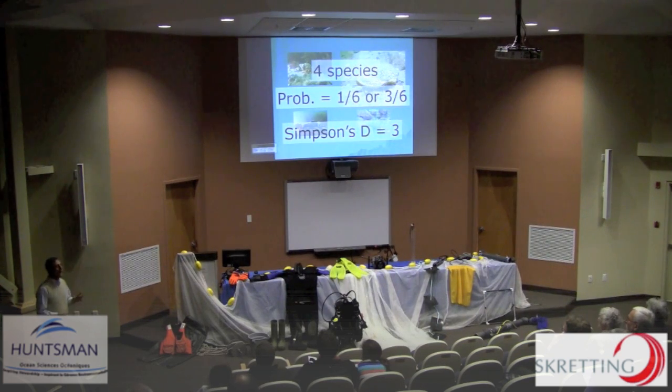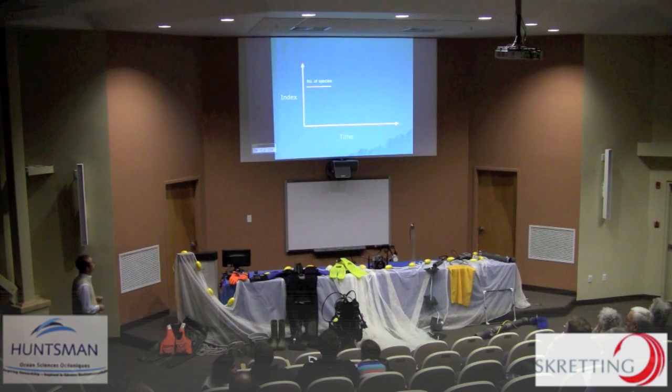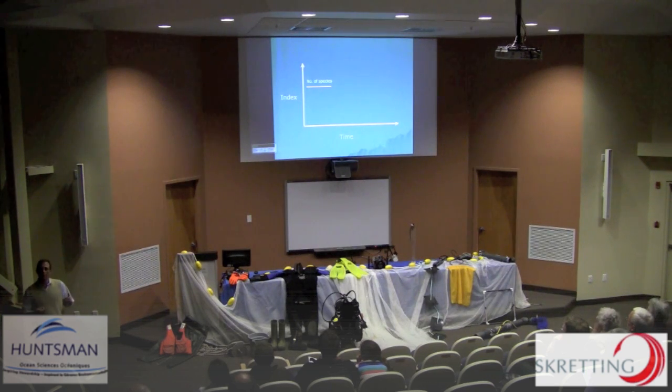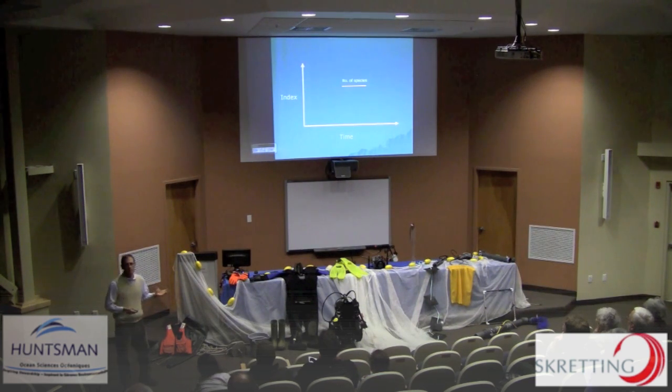Okay, so that's a little bit how you go about measuring and describing diversity. And then how would I use that? It's important to have indices like this so we can monitor how things change over time. So this is just a simple graph of some index number over time. If I repeatedly sampled there, the species number might stay the same over 3, 4, 10 samples.